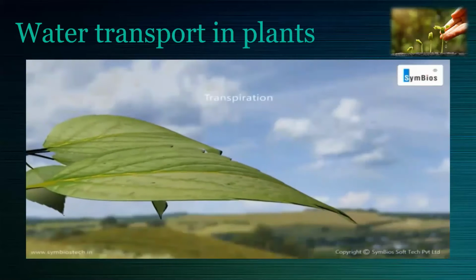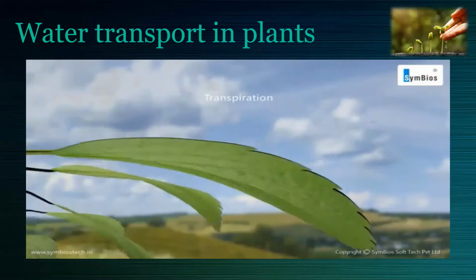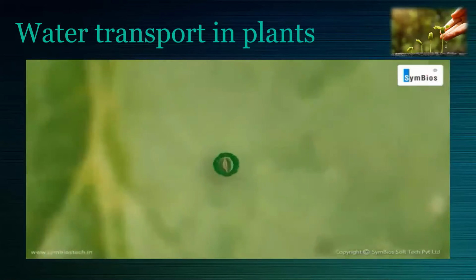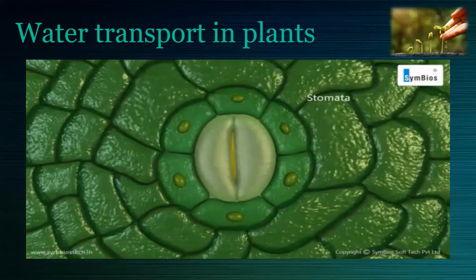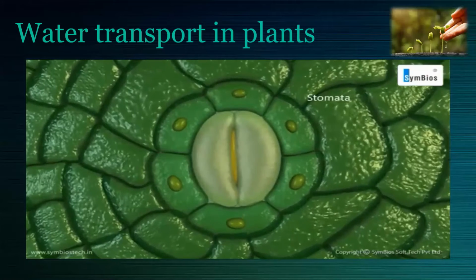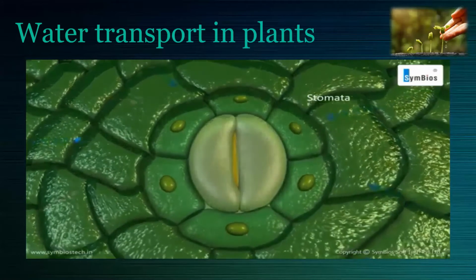This process is known as transpiration. The number of stomata is more on the lower surface of leaves. If transpiration happens throughout the day, then there will be a great loss of water. This is controlled by the stomatal opening and closing mechanism.